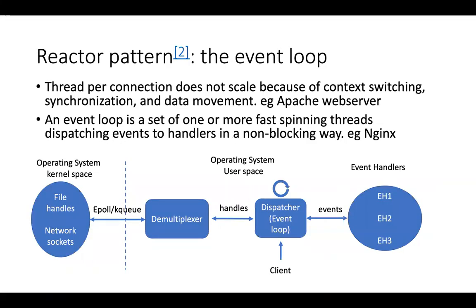Similarly, the event loop takes it one step ahead. You have a fast spinning thread, and whenever you have some event, it tries to just register those events. First, there is the registration process.